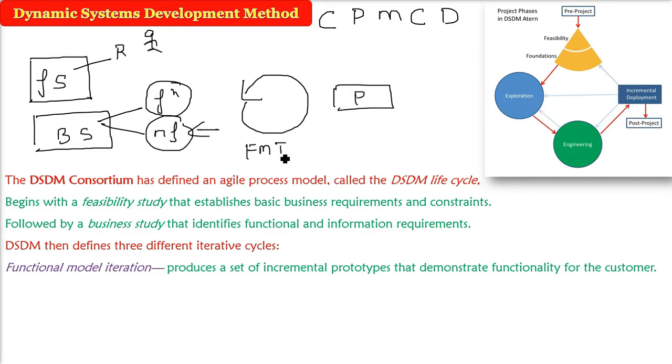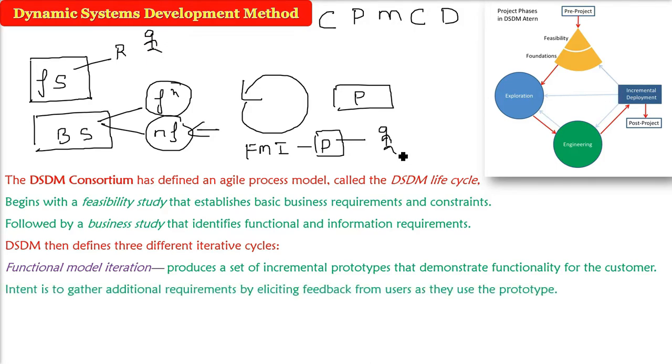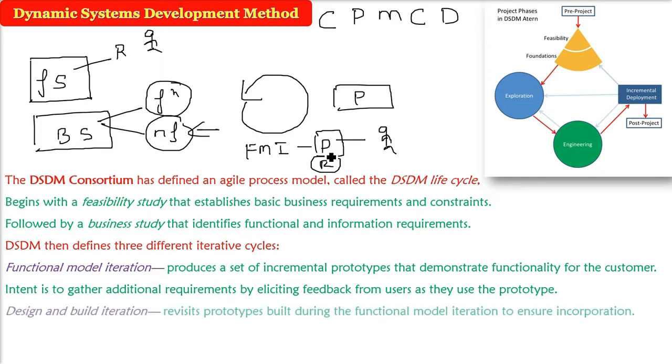First one is the functional model iteration. What happens here is, as I said, an incremental prototype is generated, and this will be demonstrated to the customer following the Pareto principle. What exactly we want to do here is get the information and the requirements, or you can say the feedback, from the user, because he's using the prototype. The second thing in the DSDM iterative cycles is design and build iteration.